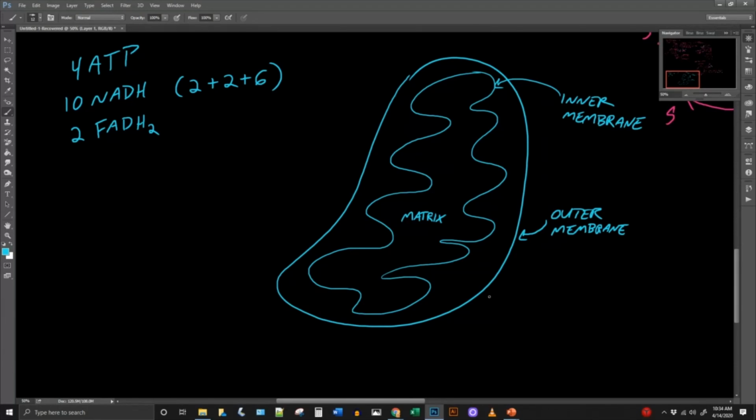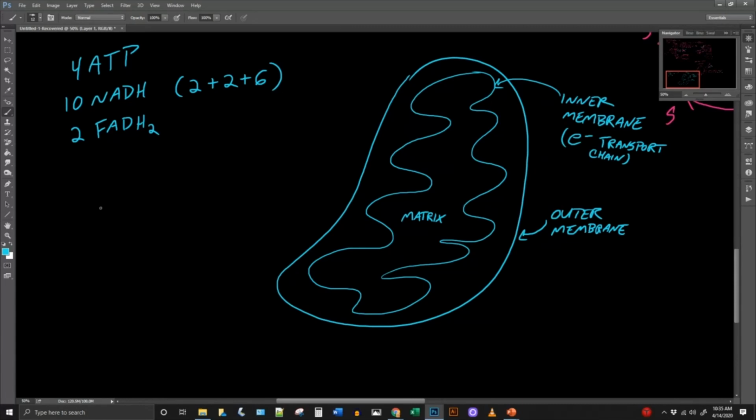And the matrix is where the Krebs cycle happened. But the electron transport chain happens on the inner membrane. It happens across the inner membrane. Okay, the electron transport chain there.